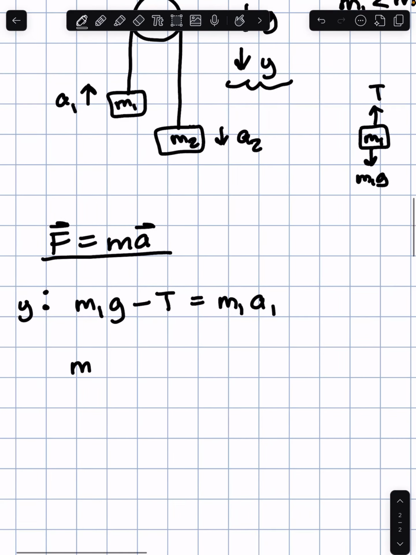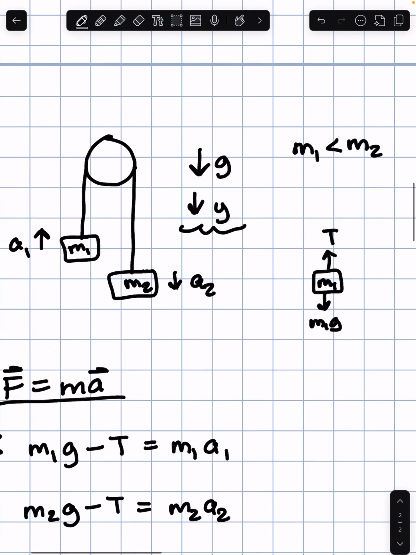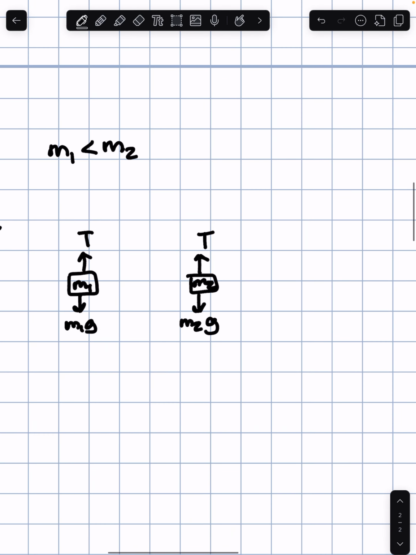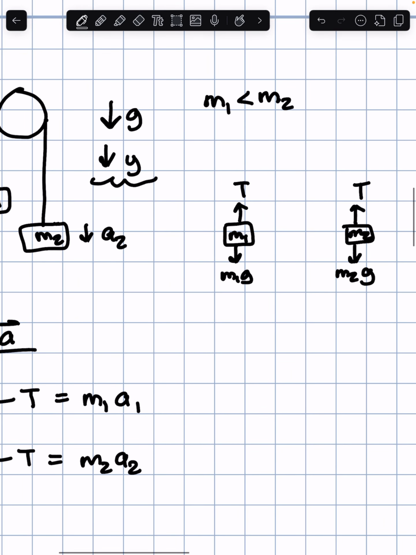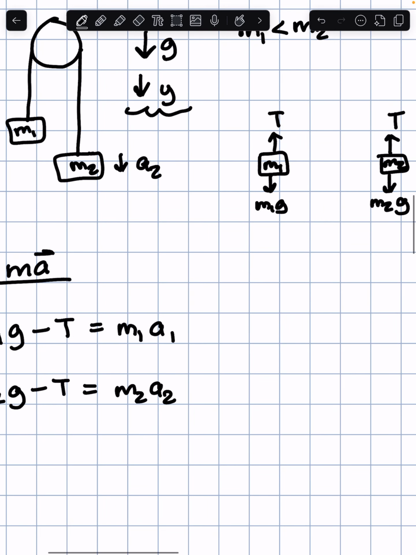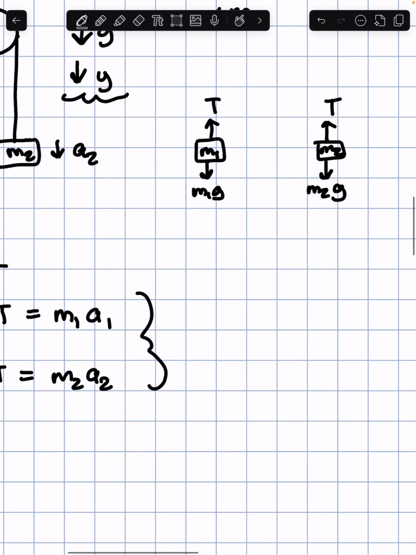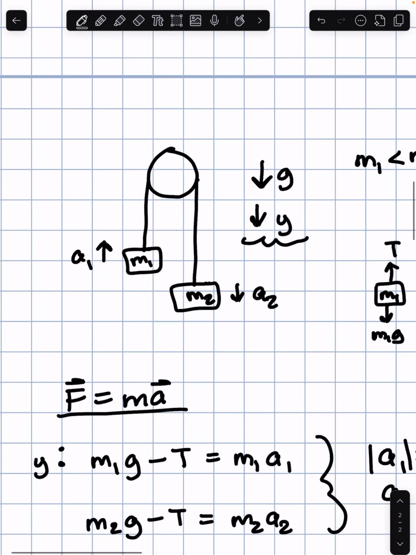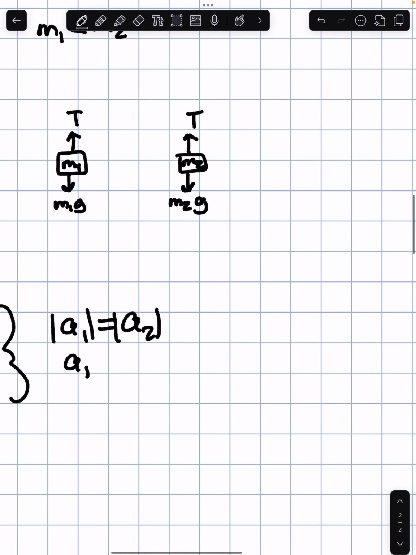Let's look at the second equation. M2g minus T equals M2a2. Now, because these are connected with the same ideal string, we should take note that the magnitude of a1 will be equal to a2, but a1 will, according to this, because it's going to be accelerating upward, be negative.